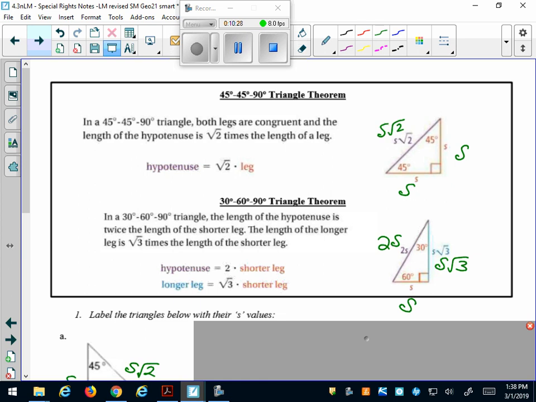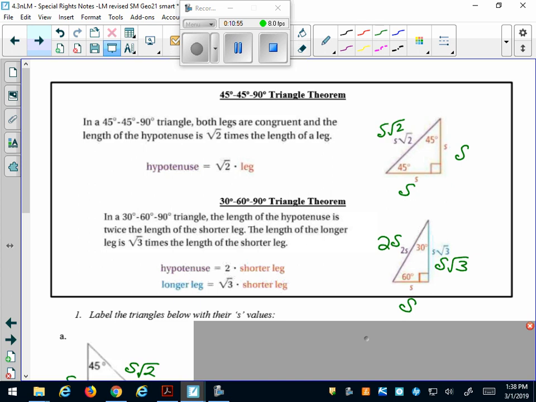Okay, S. Now, I like to make my S's with kind of a little squiggle on them because otherwise sometimes they look like 5s, and that can get very confusing, an S and a 5. So I try to do this little squiggle. The hypotenuse then of a 45, 45, 90 triangle is whatever S is times the square root of 2. Every single time. And we just proved it with the Pythagorean theorem, right?